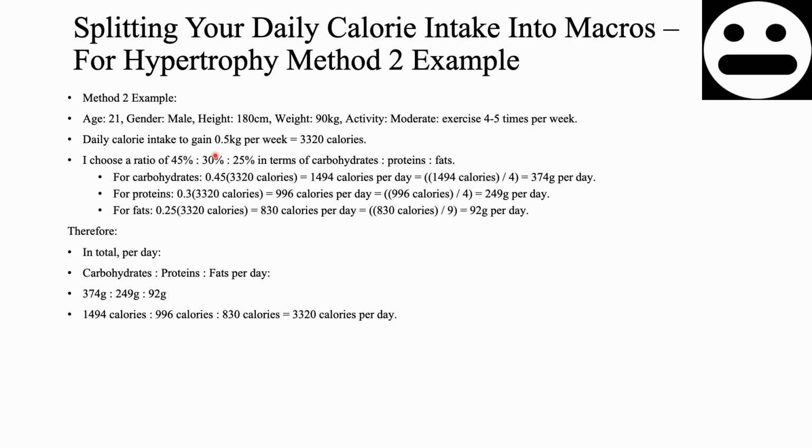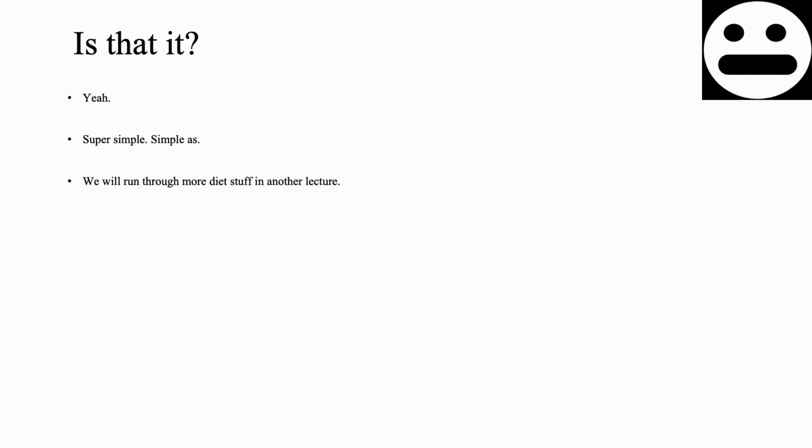Maybe even sometimes cut from the protein and give it to the fats, just so that they are on low carb. I guess that's totally up to them if that is sustainable for them. And that is it. Super simple. Literally super simple.